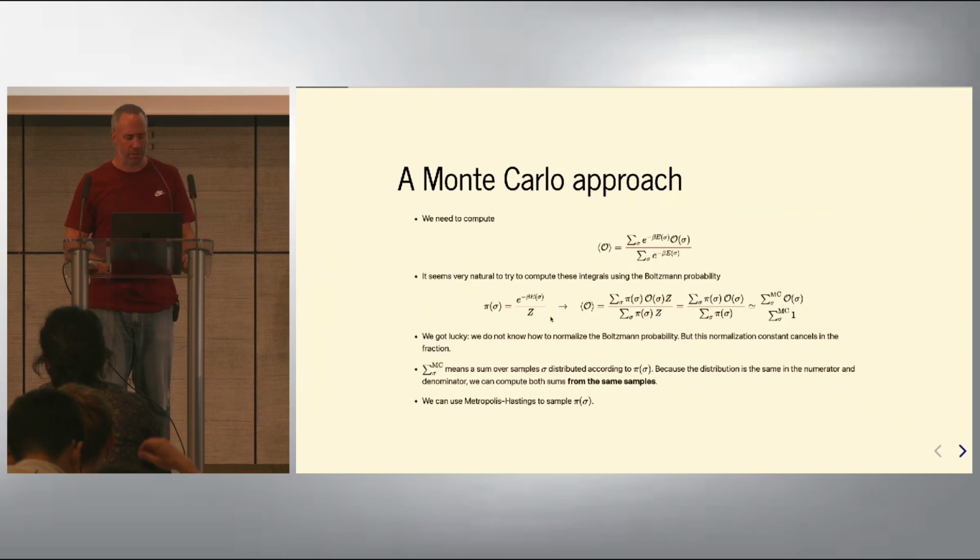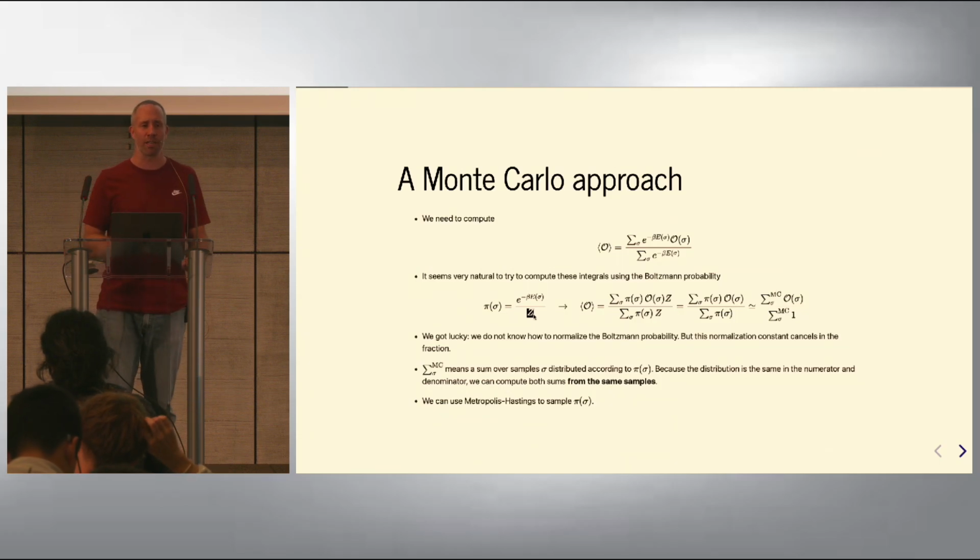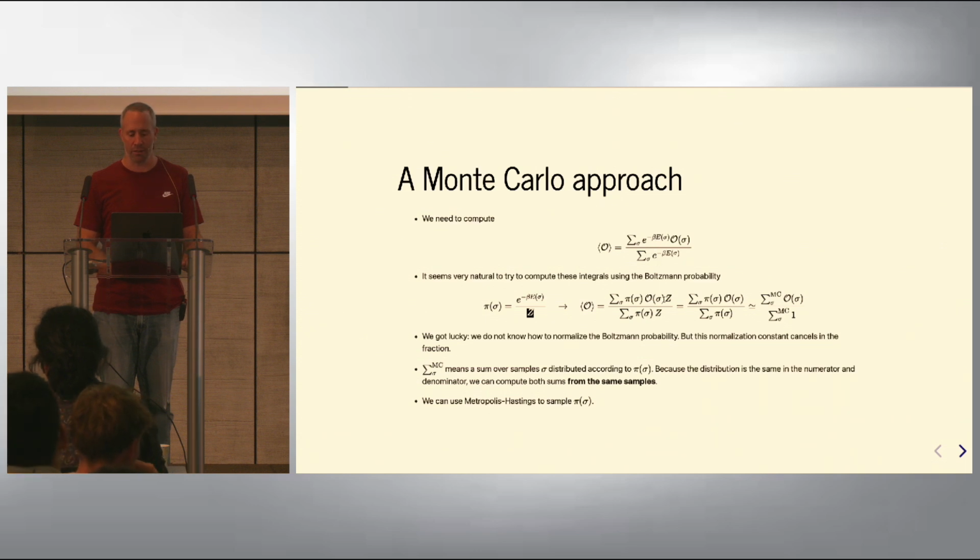Okay? Well, it looks like bad news because I have this partition function here, which is something that I don't know. I can certainly compute it, but to get the partition function, I will have to sum over everything. But this is where we're getting lucky with statistical physics, because we actually have to compute a ratio. Okay? So if I feed this expression here, the partition function appears both in the numerator and denominator. It cancels out. And I can evaluate my physical observable by using this probability distribution pi and accumulate and measure my physical observable.